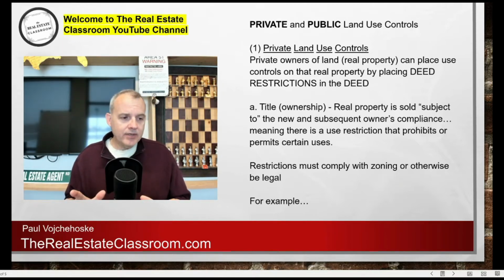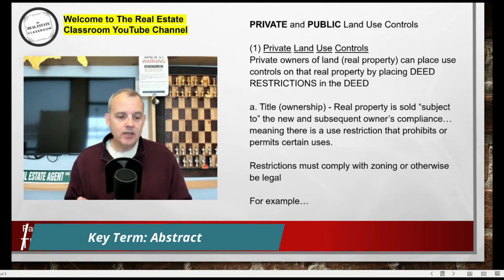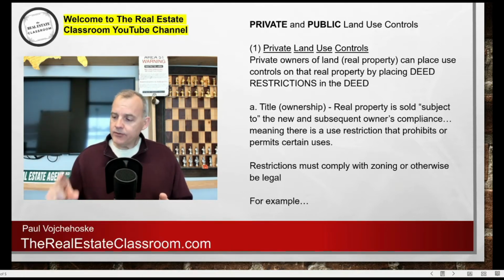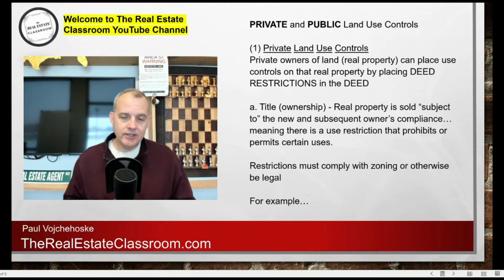So let me illustrate what I'm talking about here. Many years ago, I owned a piece of property in Iowa. Now, Iowa is an abstract state, and we did discuss abstracts in a previous video. I was reading through the abstract, because remember, an abstract is basically a history book of the ownership of that property from the time it was first land patented all the way to date.